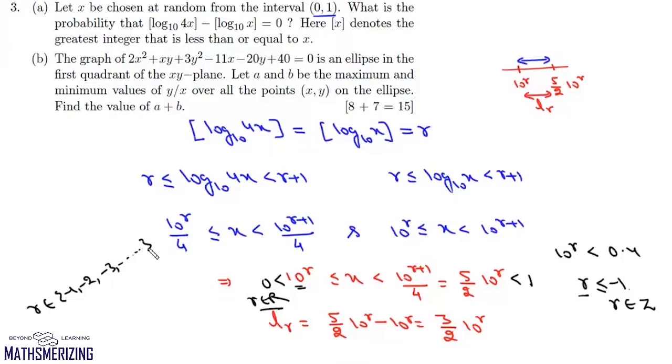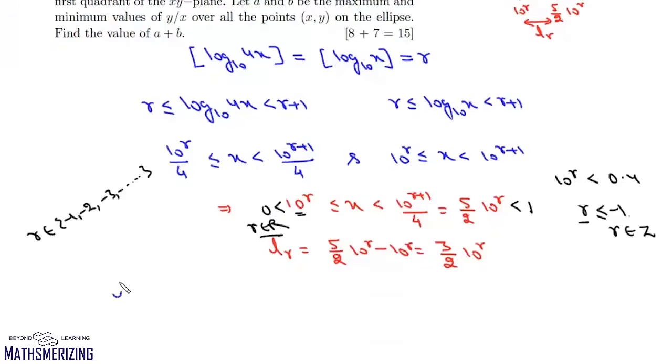Now we need to find the required probability. For this probability, the sample space corresponds to the length of this interval, so the length of the sample space is simply 1. Now we need to find our favorable length, which corresponds to all these cases. So our favorable length L will correspond to the summation of LR, where r varies from -1 to -infinity. So it will be 3/2 times 10 to the power -1 plus 10 to the power -2 plus 10 to the power -3, and this series continues up to infinity.